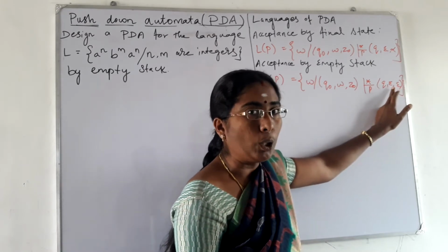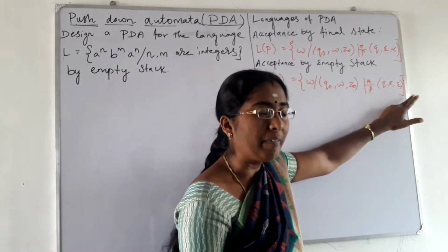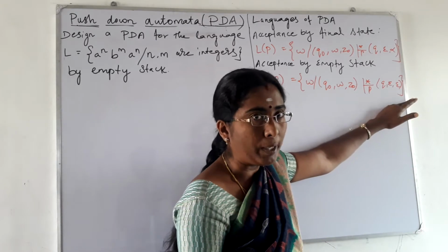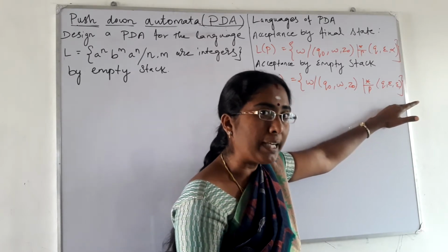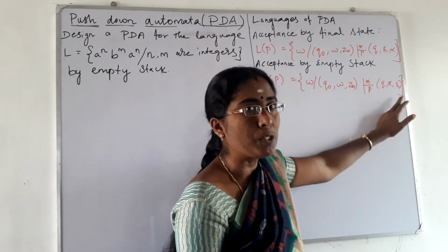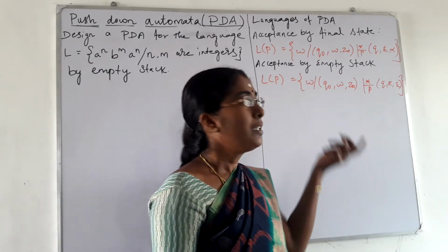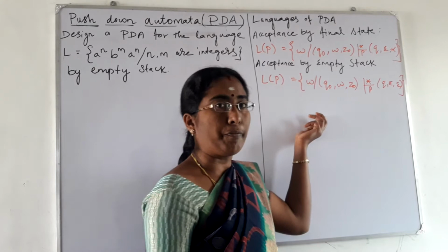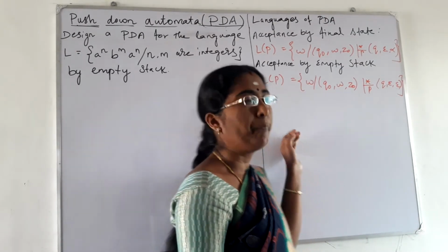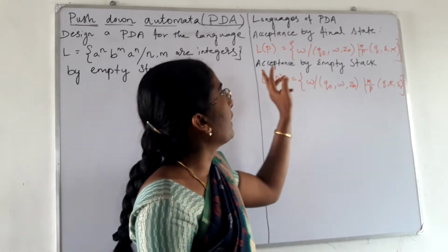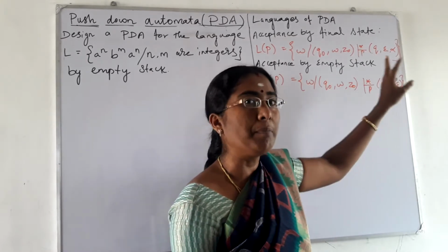If the stack gets empty after reading all the input symbols, that is called acceptance by empty stack. These are the two different kinds of acceptance in pushdown automata: acceptance by final state and acceptance by empty stack.